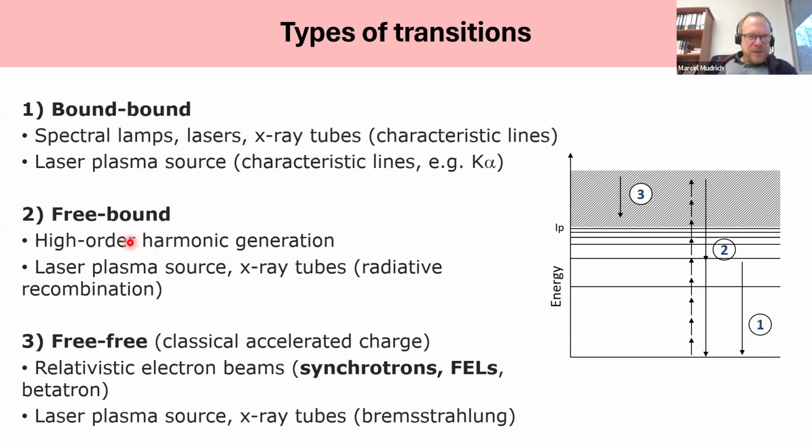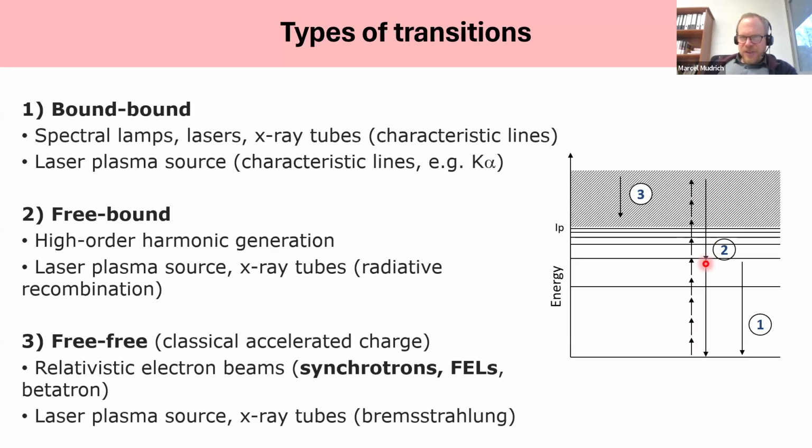But there's also the possibility of having free-bound transitions, represented here by these arrows labeled number 2, where an atom is ionized. The electron is emitted into the continuum, but then driven back and recombines into a bound state.